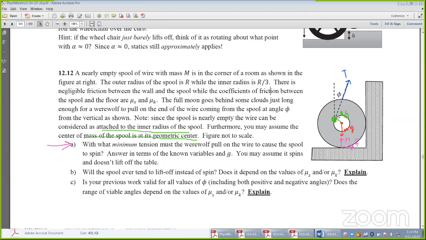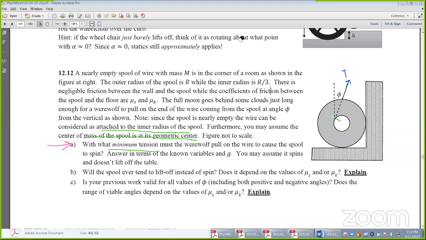This green spot is not a good choice for a pivot point. What force does that eliminate if I put the green pivot point? Tension, correct. And if we eliminate tension, I can't figure out tension. So green is a dumb point. We do not want to use that.